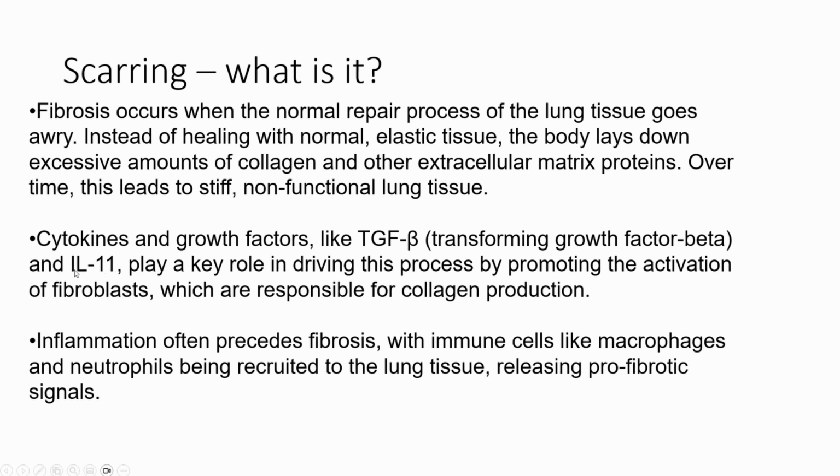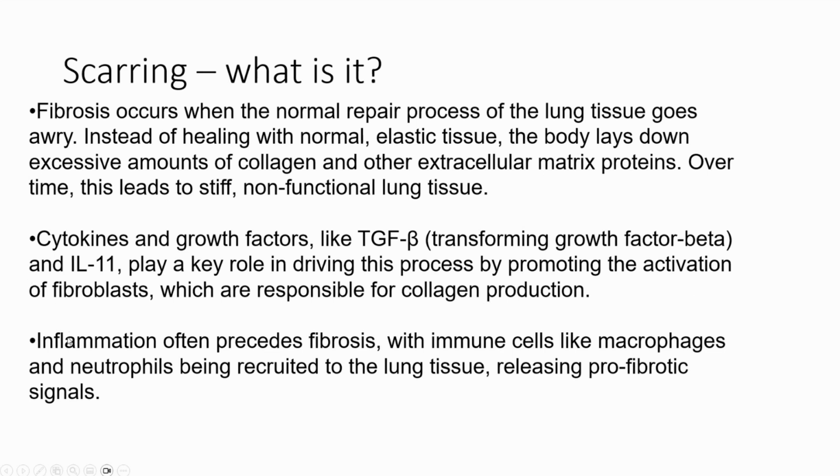There are probably two to three dozen of these things now, and they are imaginatively named IL-1 through to about IL-48. This is IL-11, so it was the 11th one discovered. These are the growth factors, the things in our body that drive the process, promoting the activation of fibroblasts, which are a special type of tissue cell, and fibroblasts make collagen, make scarring.